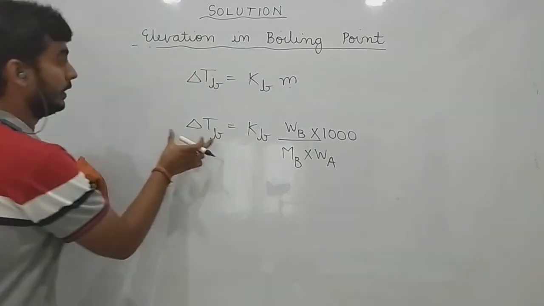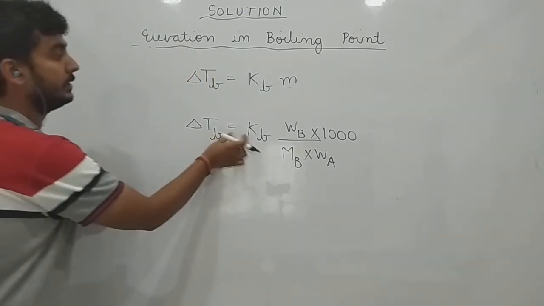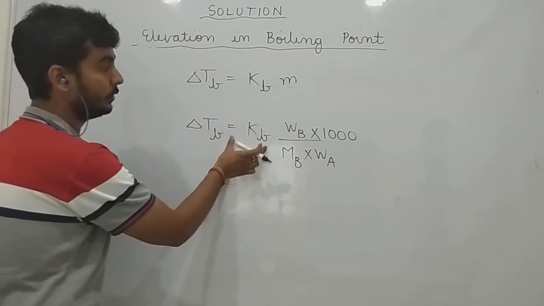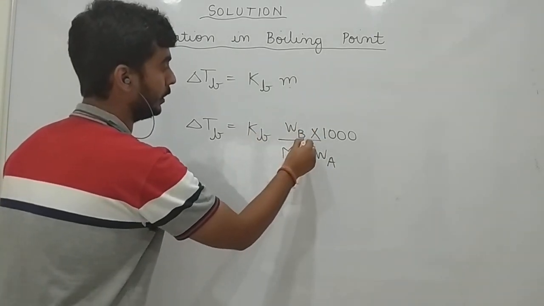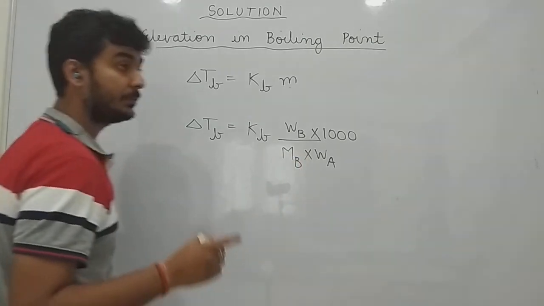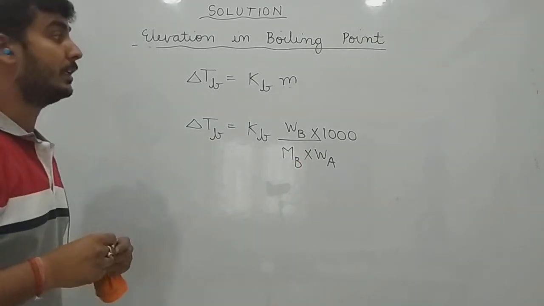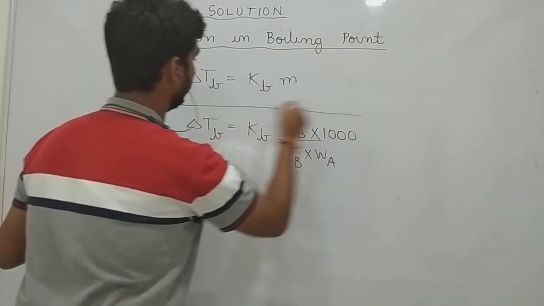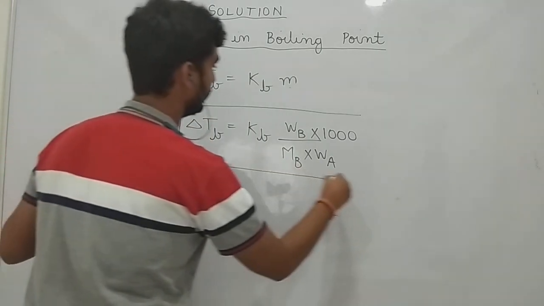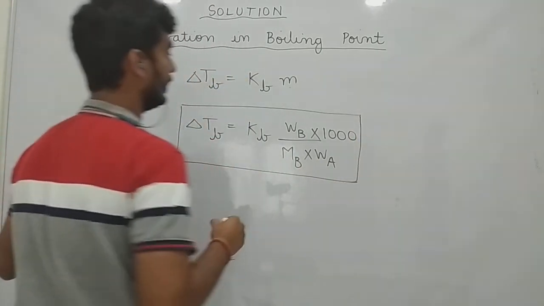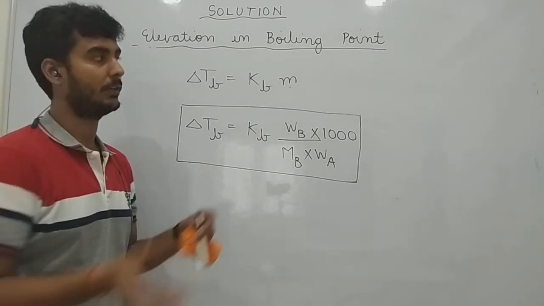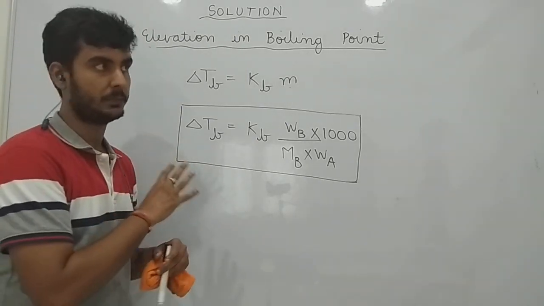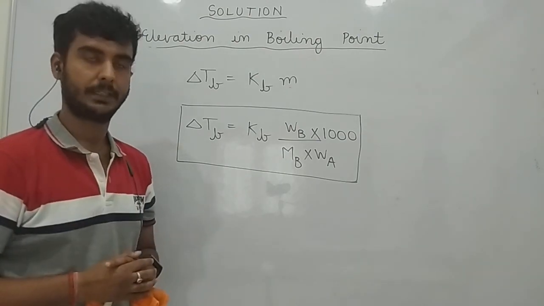That is, elevation in boiling point is equal to Kb, the constant, into molality. Molality is the number of moles of solute present per kg of the solvent. So this is the mathematical formula for elevation in boiling point, which you'll find in most textbooks. Today we'll keep it till here only. We'll talk about this topic more in the next class. Thanks so much.